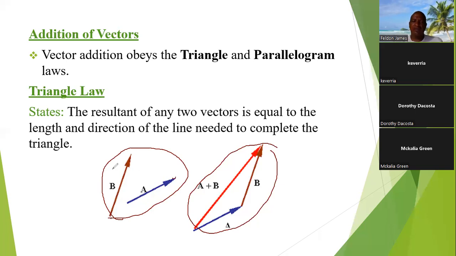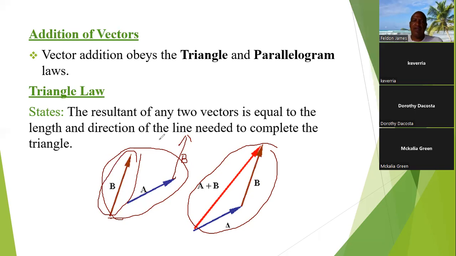So we would actually physically move this one, put it over here in the same direction where it was. So this now would be the vector B. So you notice that it still has the same direction as this one over here. So you just displace it and put it right at the nose there.